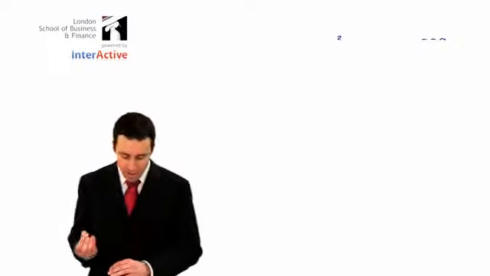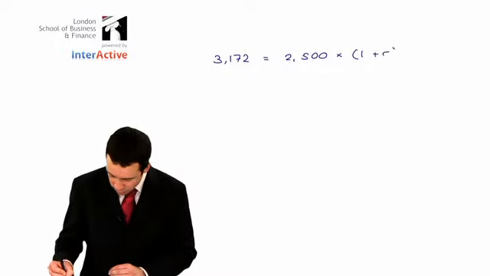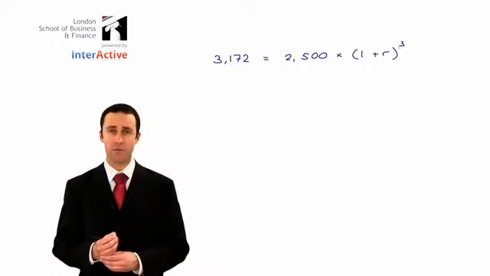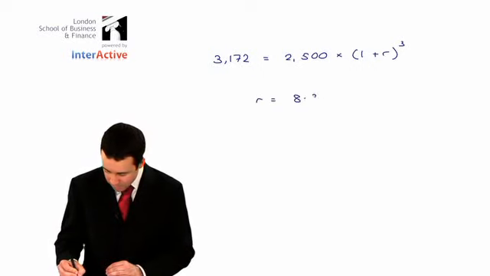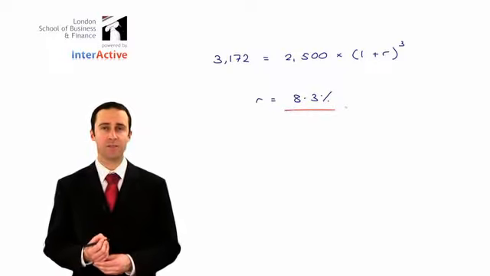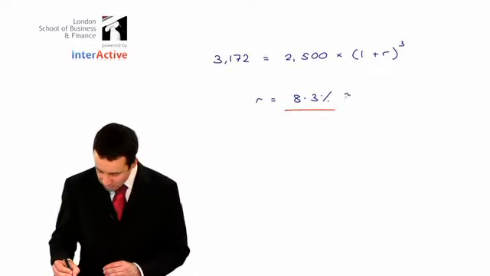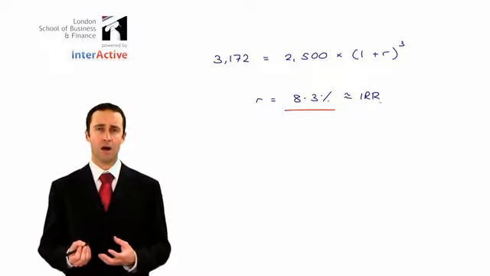Well, if we equate it all up, 3,172 is going to be equal to your 2,500 multiplied by 1 plus your return to the power of 3. Now, solving that, if you tap it on to your calculator, gives you 8.3%, which I know is ever so slightly out, but is approximately your IRR.